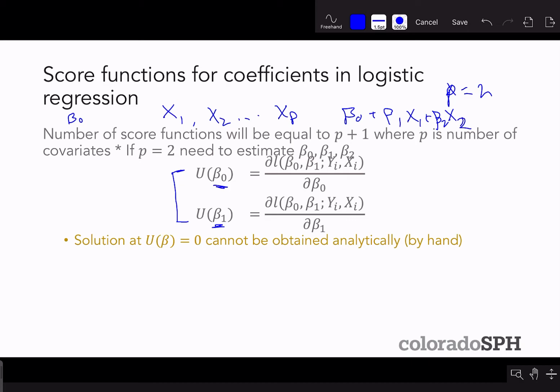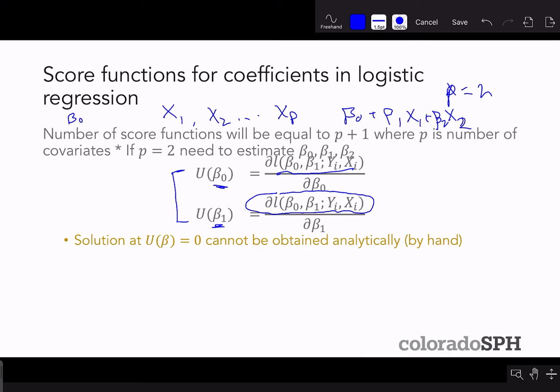The way that you would get each of these equations, this is a partial derivative, meaning that the partial derivative of the log likelihood with respect to beta 0 is taking the derivative of that log likelihood function we saw in the previous slide, assuming that everything except for beta 0 is a constant. And similarly, to calculate the partial derivative of beta 1 with respect to the log likelihood, you would assume everything except for beta 1 is constant and take the derivative with respect to beta 1.